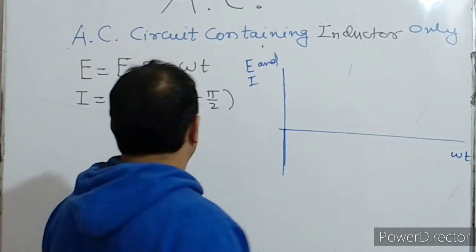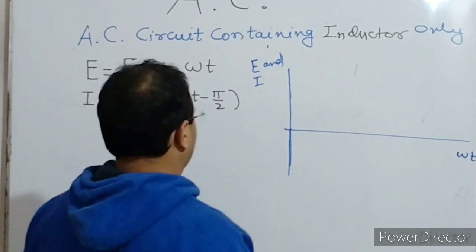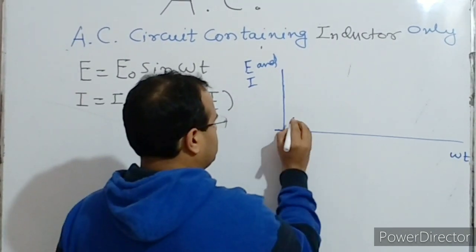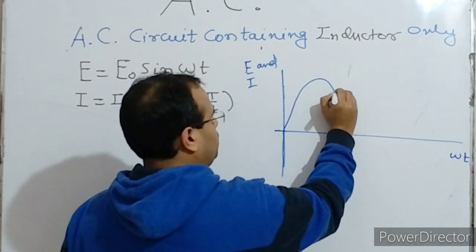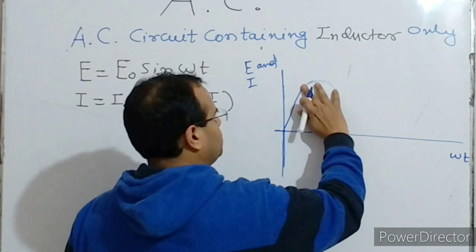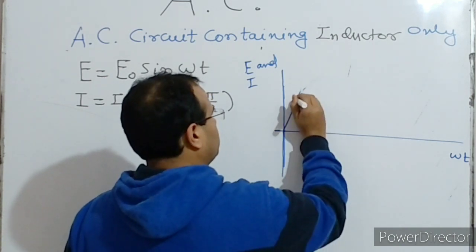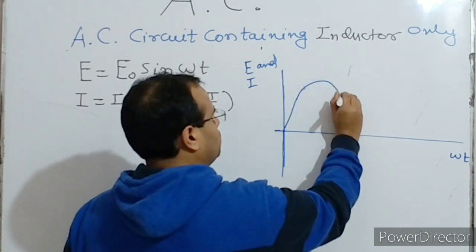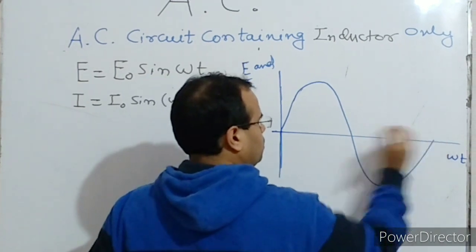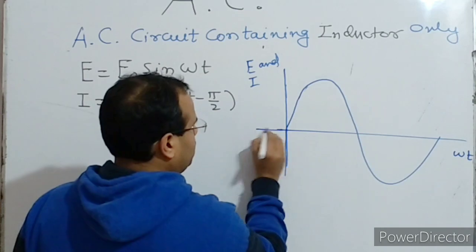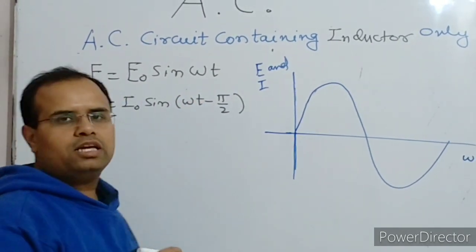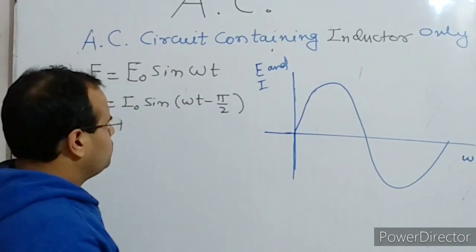Let us first plot the EMF, because that is a simple sine curve. So the EMF goes like this. And as far as the current is concerned, it is obvious that current is lagging behind the EMF by pi by 2. What does it mean?